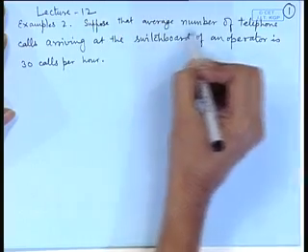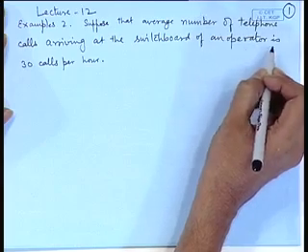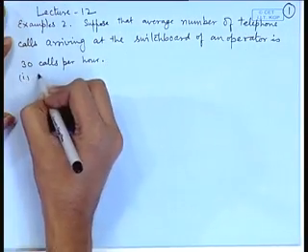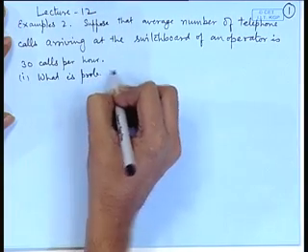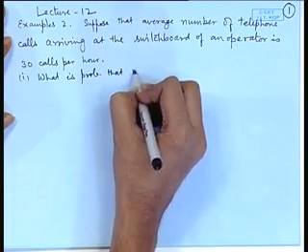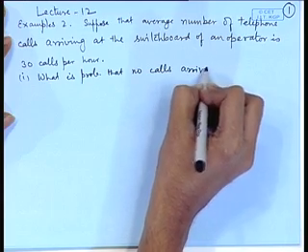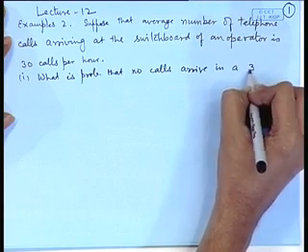Let us look at some applications of the Poisson process. Suppose that the average number of telephone calls arriving at the switchboard of an operator is 30 calls per hour. So, what is the probability that no calls arrive in a 3-minute period?